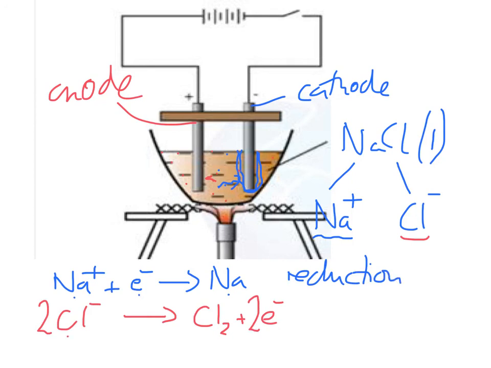The chloride ions are having electrons taken off them by the anode, and those electrons are being pumped back around the circuit down here to the negative electrode. And this process here of losing electrons, if we're thinking about the definition I gave you a moment ago, Leo Ger, that will be an oxidation.